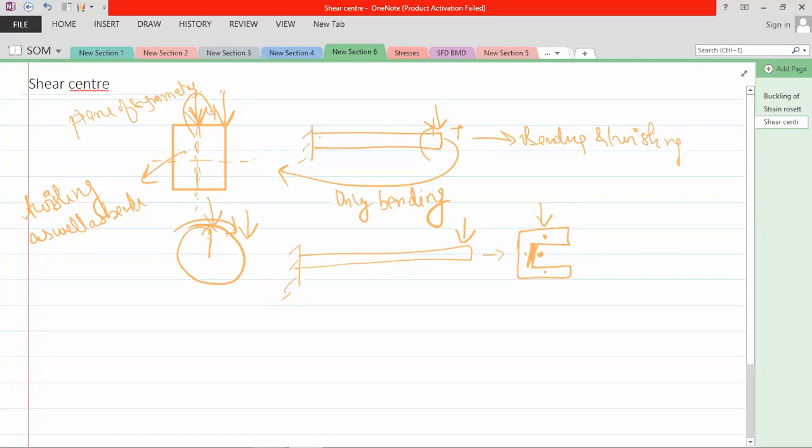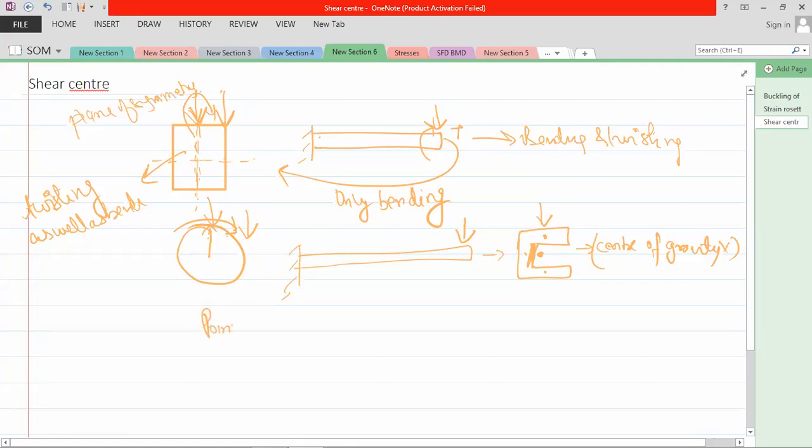That means the center of gravity is not the point where you can neglect or avoid the twisting. You cannot avoid it.